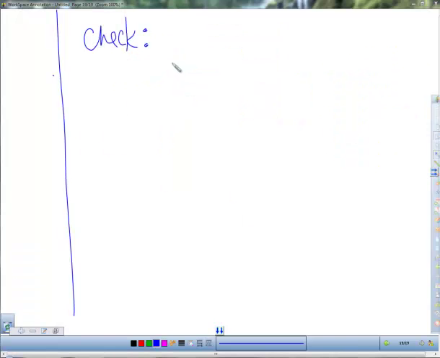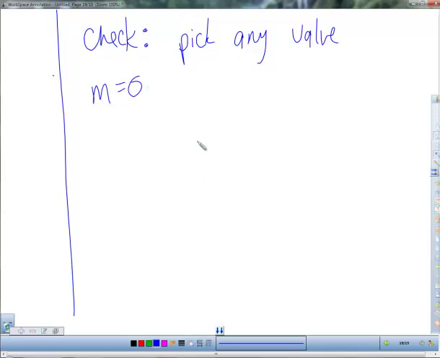We said that m was less than 4, so if I want to check that, I'm going to pick any value that is less than 4. I like to pick 0. I'm going to see if whenever I plug in 0 for m, I get a true statement. So I have negative 2m plus 4 is greater than negative 4.